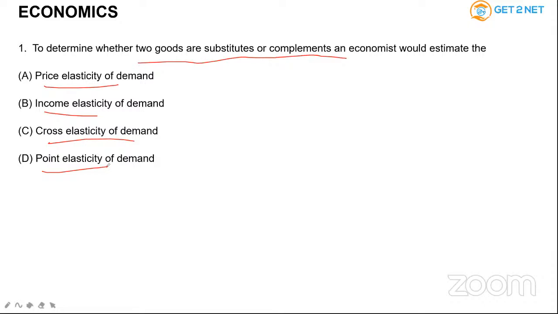Okay. Ritika, please answer. Cross elasticity. Yes, it is cross elasticity of demand. Yep. Now see, we just discussed that, right?